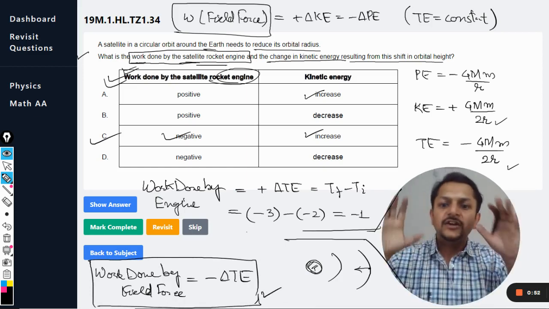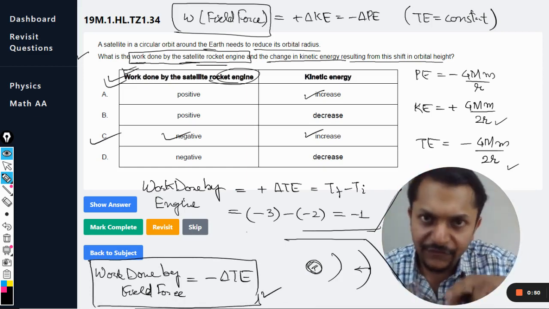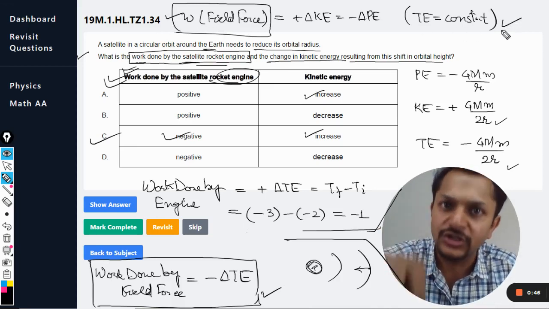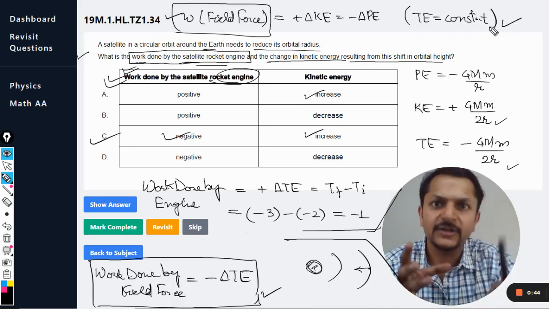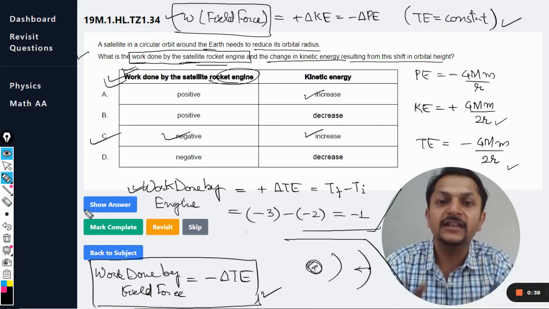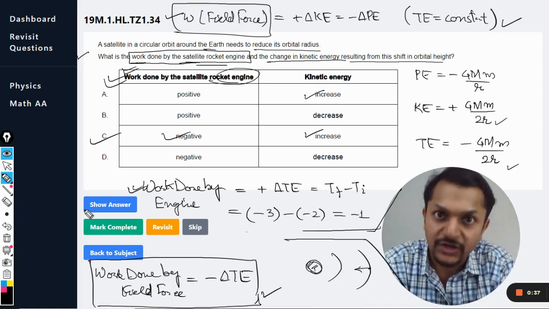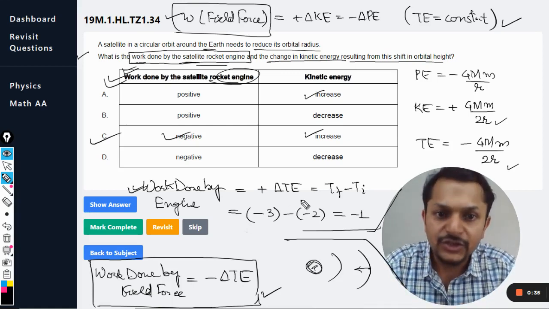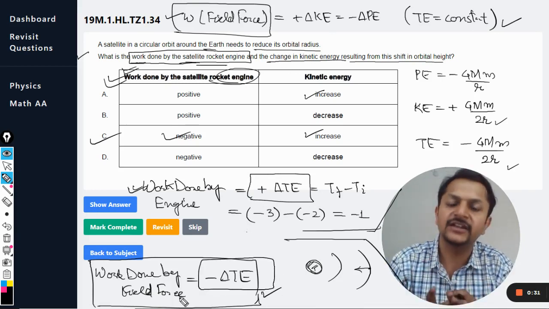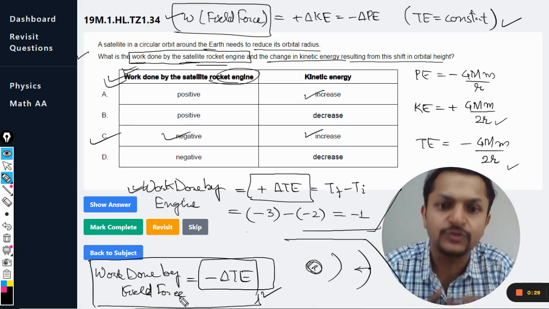So this is the work done by gravity, the formula. This is work done by gravity when the total energy is constant. For example, you're talking about one satellite and you are not firing the engine there. And this is the work done when there is a rocket and engine is actually working and energy is given. So basically this is only positive and this is only having the negative sign here. Otherwise there is no difference in these two formulas.